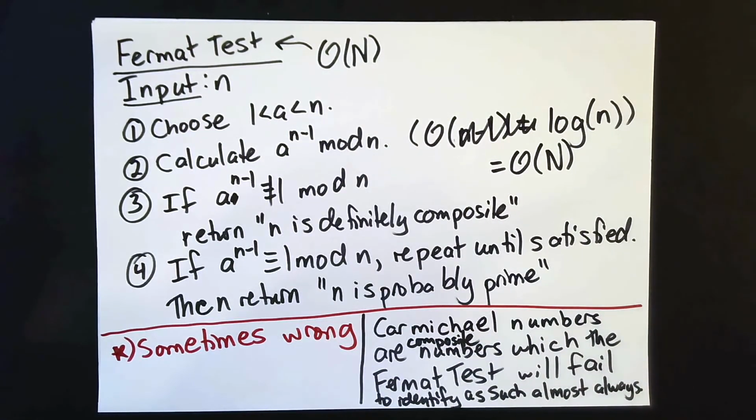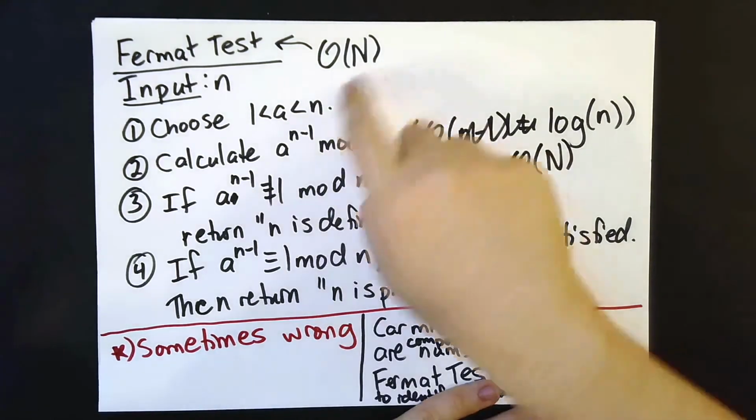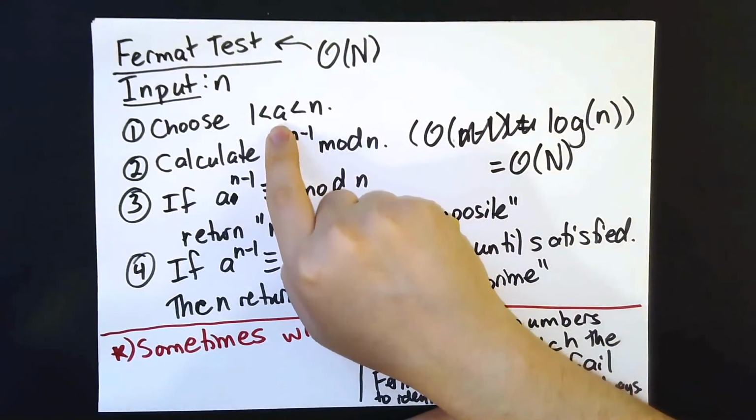Because if you have a large number and you want to know if it's prime, you probably already know it doesn't have any small prime factors. So probably your number is either prime or it's a product of 2 or 3 really big primes. But if the primes are really big, the probability that A, that I've chosen, is divisible by them is really, really small.